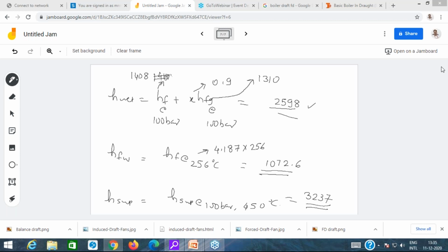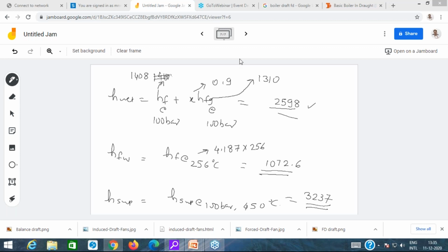Okay, Gauri has got the values. Sharwari, Akanksha, Onkar, Chaitali. Okay, Anamta has also got these values.